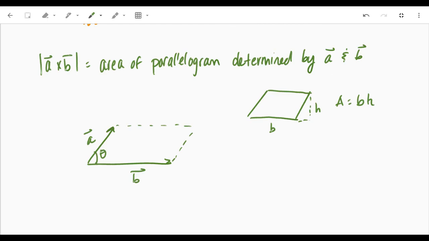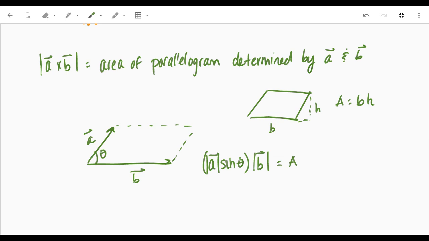Well, the base would be the magnitude of B, the height would be the magnitude of A sine theta. That would be the height. And then the magnitude of B. So that's your area.